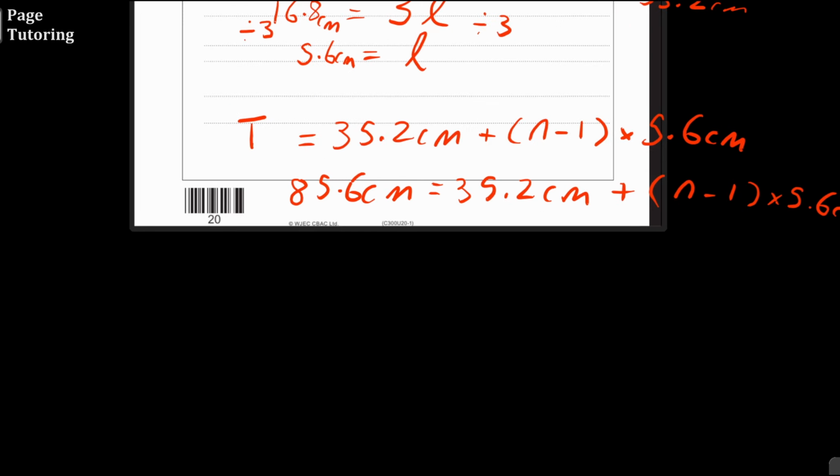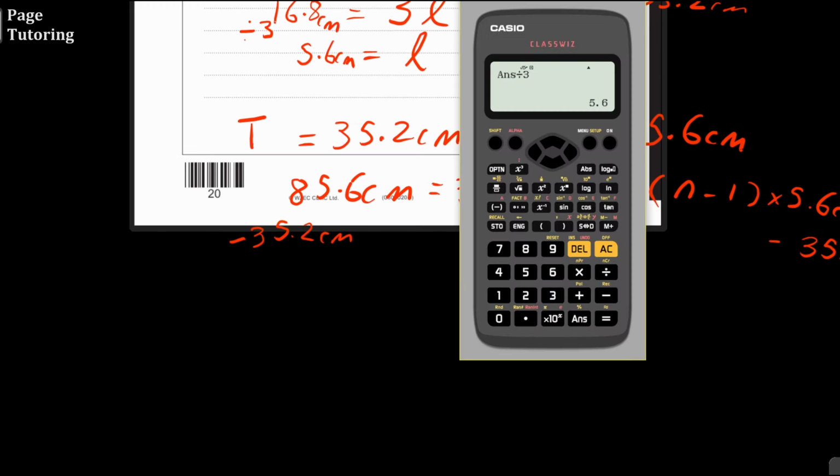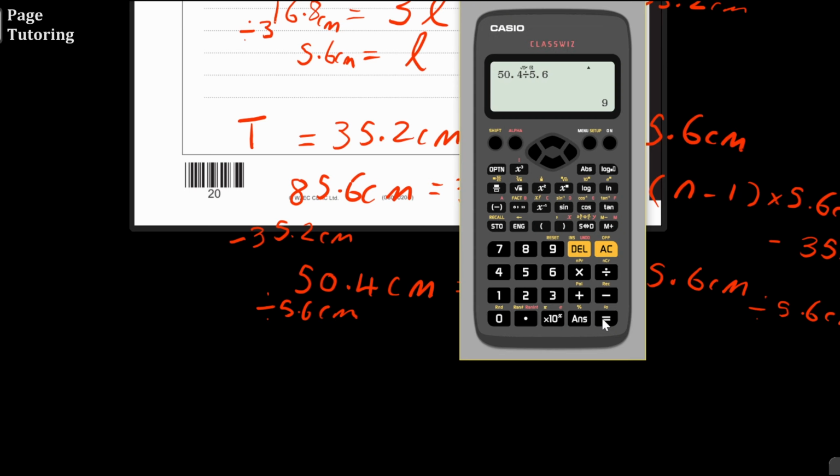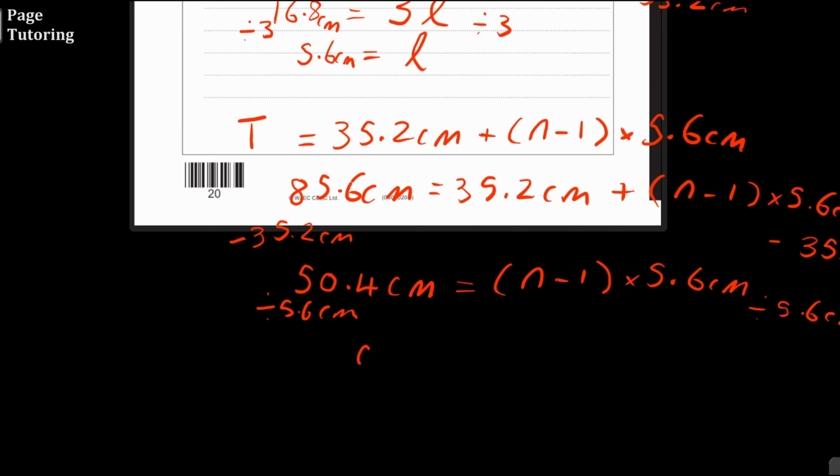Once again, we start by taking away 35.2, which gives us, using our calculator, 50.4. Next, we get rid of this times sign, so we divide by 5.6 centimeters on each side.